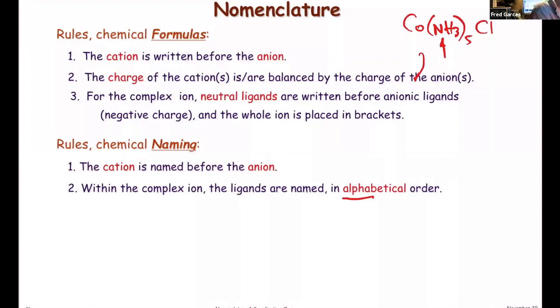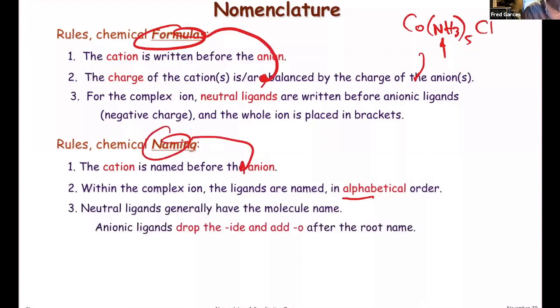This is the formula right here. This is the naming down here. Okay. Neutral ligands generally have the molecular name. Anionic ligands, you drop the IDE, like chloride becomes chloro and add O. Okay.